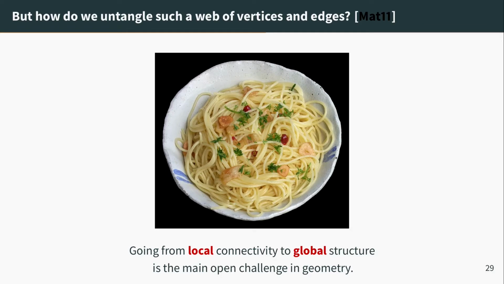So it's a bit as though you were in front of a dish of spaghetti or a web full of knots, and a mathematician tells you, yes, the curvature here is very interesting and all that. But it's highly non-trivial to go from this very local description, where you know that this point is connected to this one, to a high-dimensional picture. And you could argue this is the main open challenge in geometry: how do we go from a local connectivity, or from a local Riemannian metric, to a global structure?